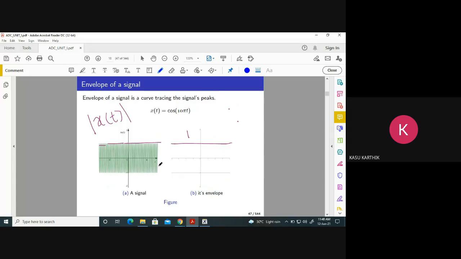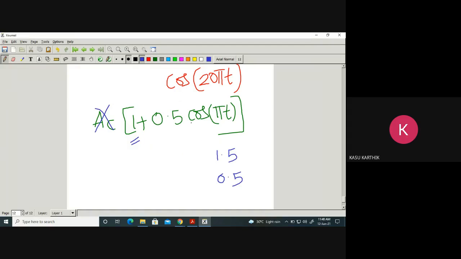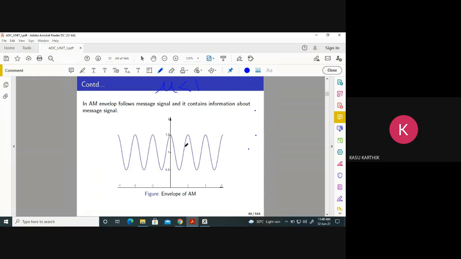Now, what happened here in the envelope? This is the message signal now. Envelope contains the message signal. The only difference is it is shifted by 1 and it is attenuated by 1 by 2. So if you get the envelope, you got your message signal, because envelope is nothing but the message signal.